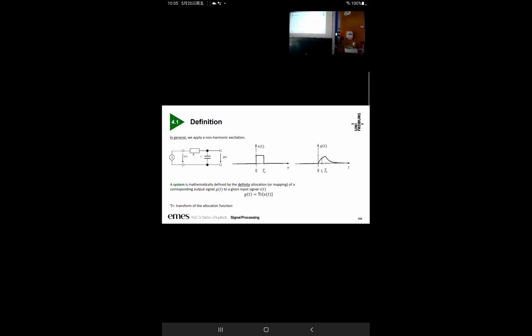It's only the transform of the input s(t) to the output g(t). We use this allocation function to transform the input to the output. And if we have a linear time invariant system, this allocation function also has to be linear and time invariant. Very simple.